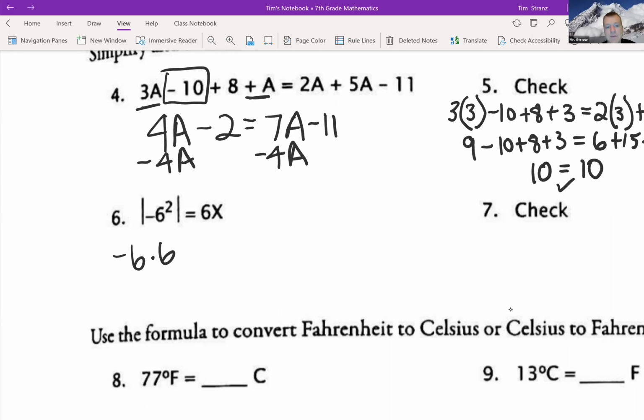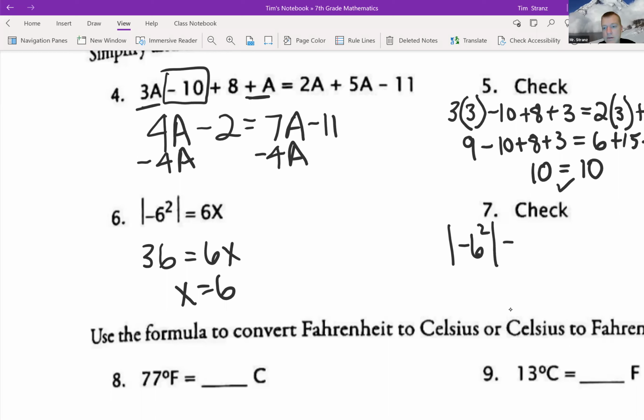But since the absolute value brackets are there, it's going to be a positive 36. Okay, and that equals 6x. So we know that x has to equal 6. All right, I'm going to check my work by rewriting this. And I can see that a positive 36 equals a positive 36.